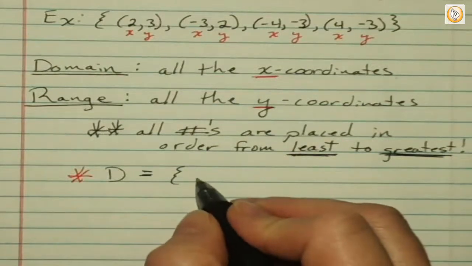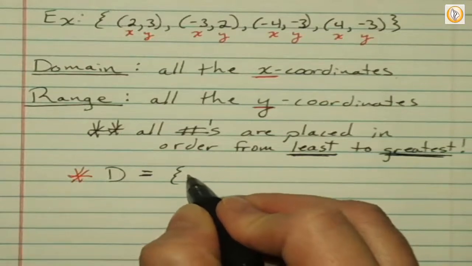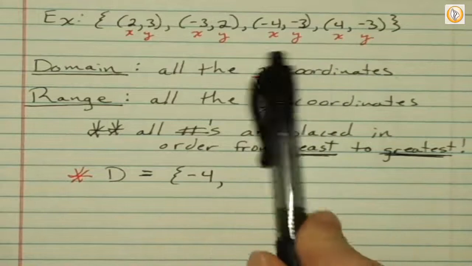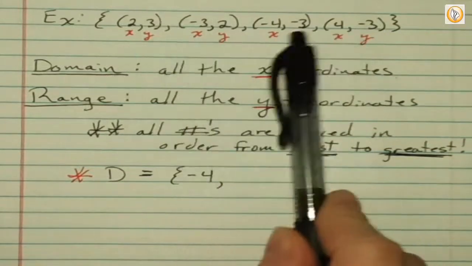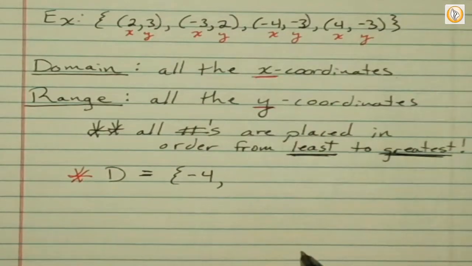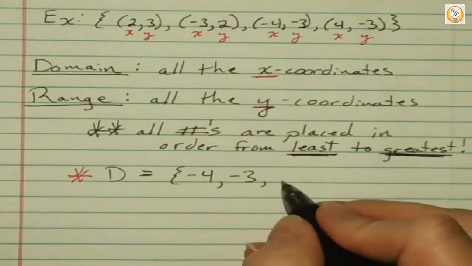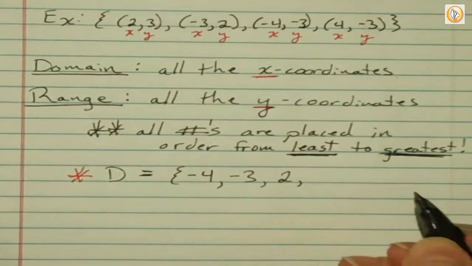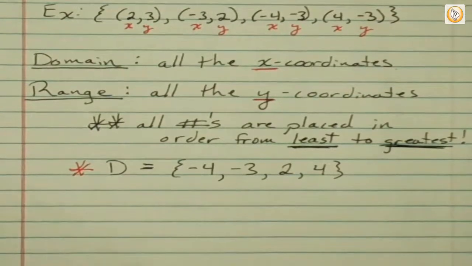So give me the first one. -3. -4. Which is it? -4. There you go. -4 is our first domain because it's the smallest out of the group. Y'all see that? Michael, what's the next one? -3. Emily, what's the next one? 2. And Izzy, what's the next one? Very good. Does everyone see that?